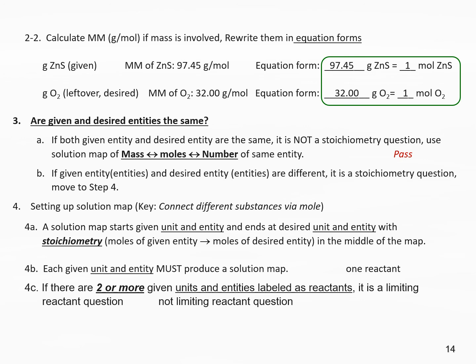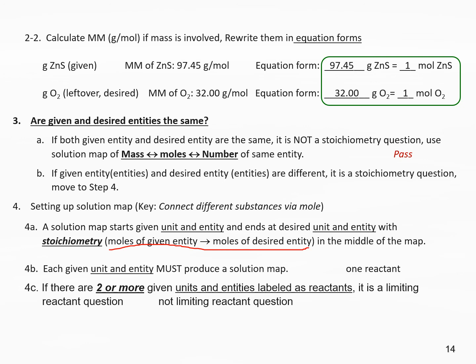Okay, so once we set up a solution map, these are 3 tips I want you guys to go through, right? So for the solution map, use the stoichiometry in the middle of the solution map. So this is part of a solution map. Okay, if we want to do it on our own, we got it as the flow chart. Okay, so moles of a given entity, so that means moles of what?